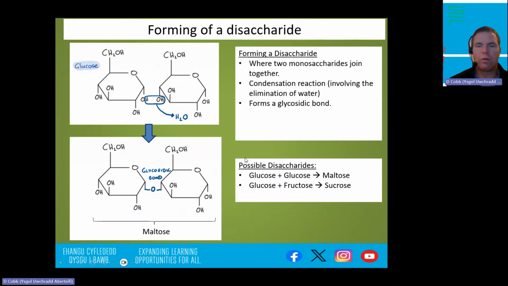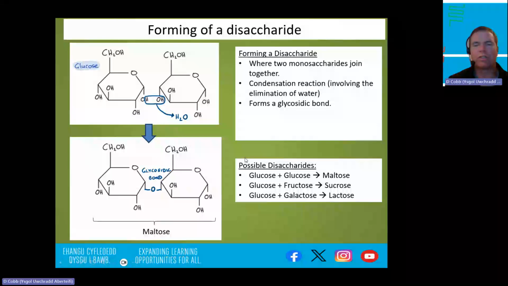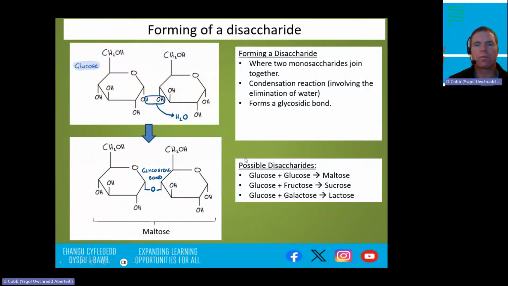That's your standard sugar you have at home. And the final one is if you take glucose and another monosaccharide we're not familiar with yet, galactose. Join those together and you form the disaccharide lactose. So you need to know the names of the disaccharides and which monosaccharides join together to form each disaccharide.